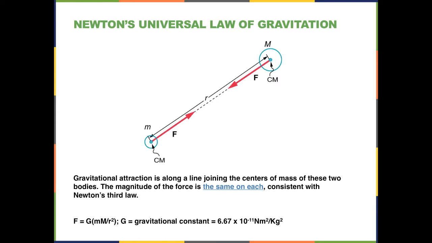And then the square of the distance between their centers of mass. The gravitational constant has been calculated out as 6.67 times 10 to the minus 11 Newton meter squared per kilogram squared. That's a formula that you need to remember. And that formula, interestingly enough, will show up in other forms as we move through physics.